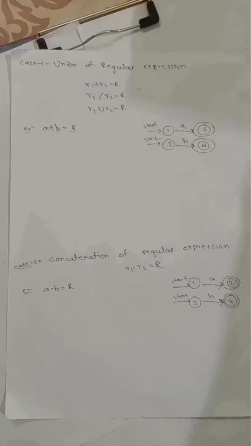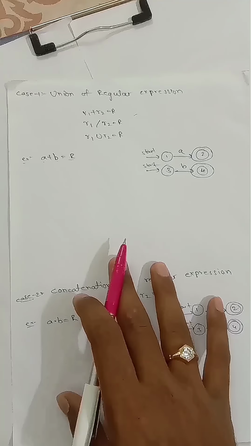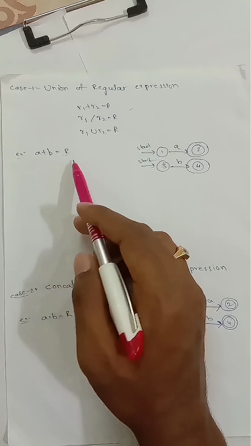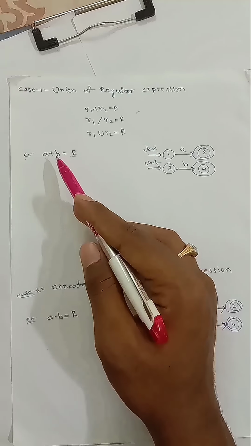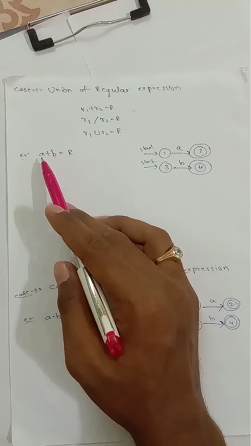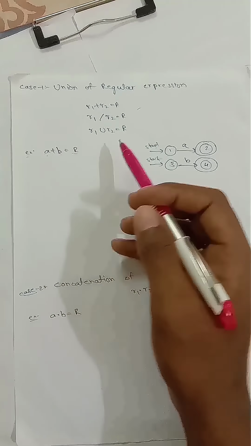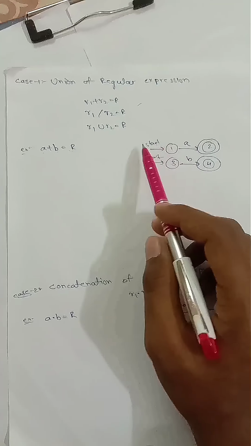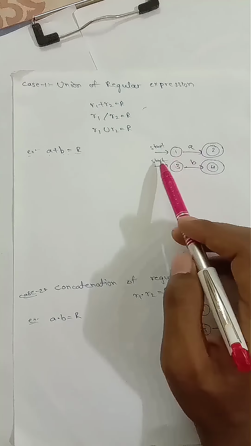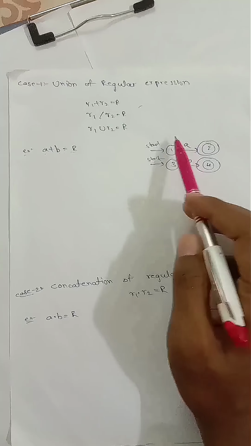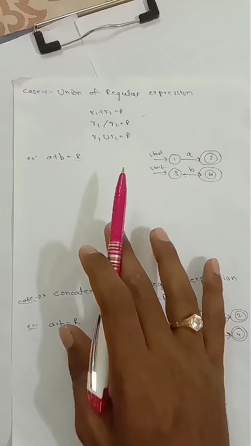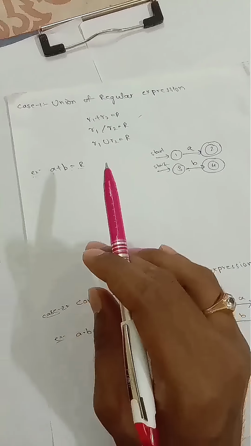First, let us see union of regular expressions. Let us consider R is a regular expression of the union operation between regular expressions A and B. First, draw an automata for expression A separately and B separately like this. Then first create a new starting state.